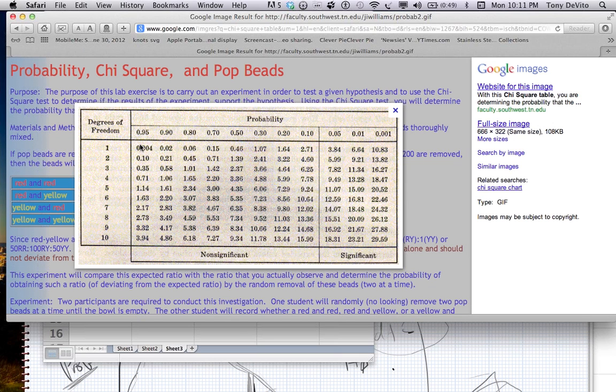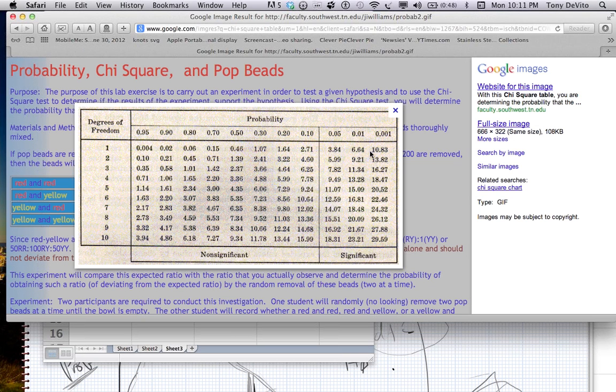If I want to be 99% certain, in other words, I want to have only 1% chance of being wrong if I reject the null hypothesis, my chi-square value has to be 6.84 or bigger. Okay, and if I want to be 99.9%, only have a 0.1% chance of being wrong if I reject my null hypothesis, then my chi-square value has to be bigger than 10.83.